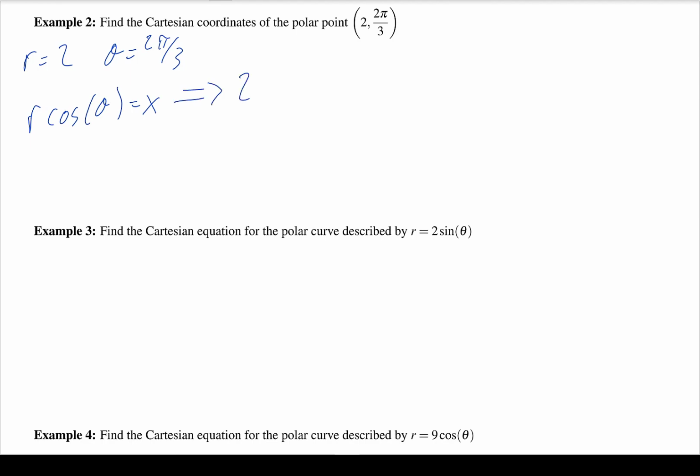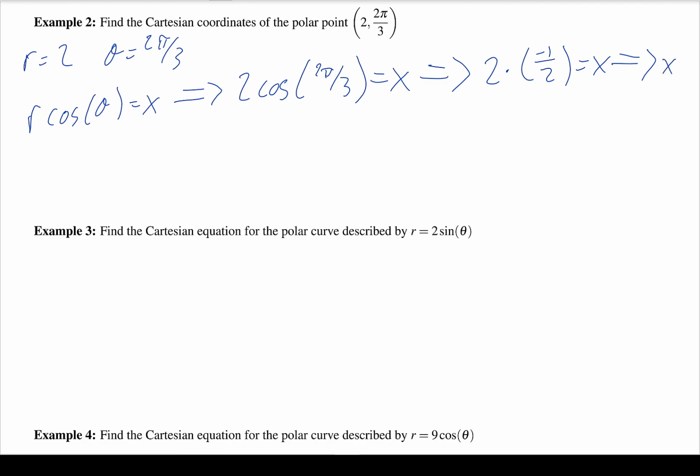So that means that 2 cosine 2 pi over 3 is equal to x, which means that this is going to be 2 times negative 1/2 is equal to x. So x must be equal to negative 1.